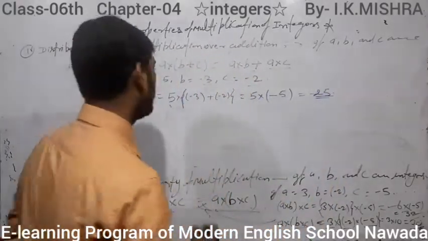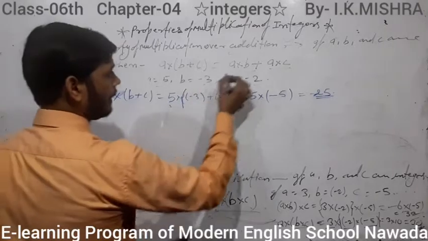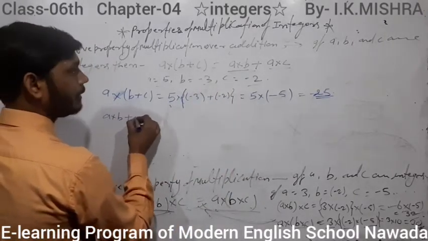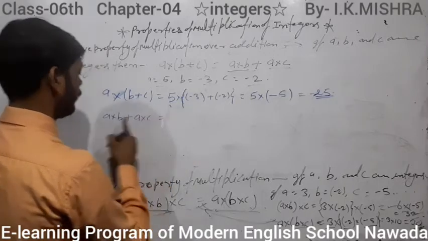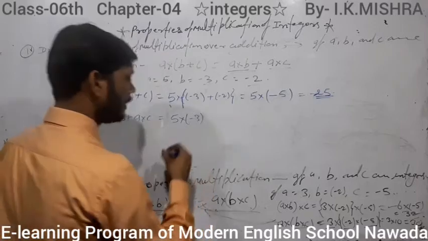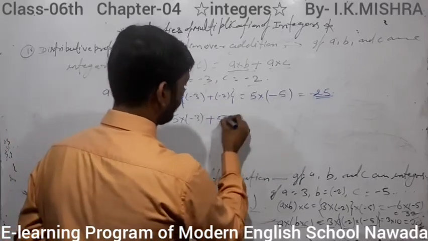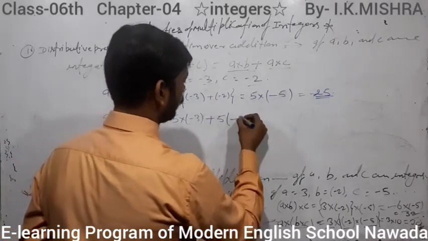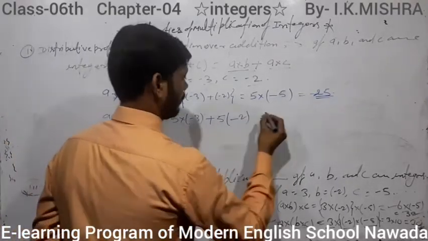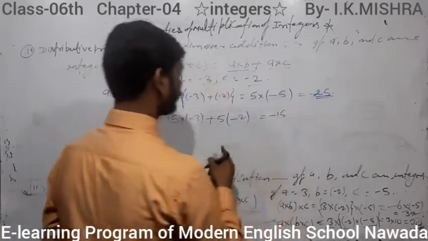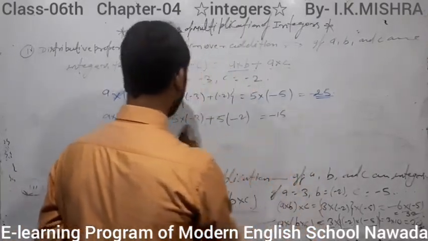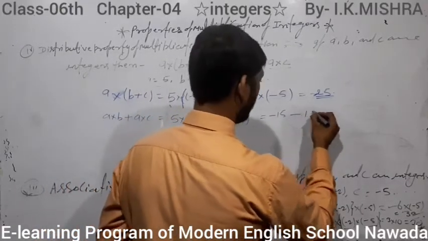Clear students? Friends, here a into b plus a into c is equal to 5 into minus 3 plus 5 into minus 2. Students, here the result is minus 15 and minus 10.